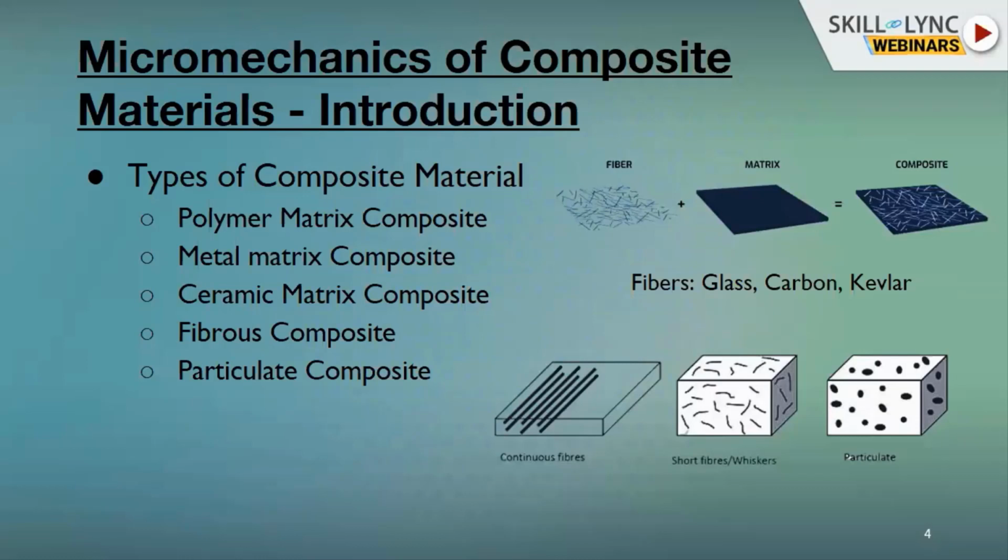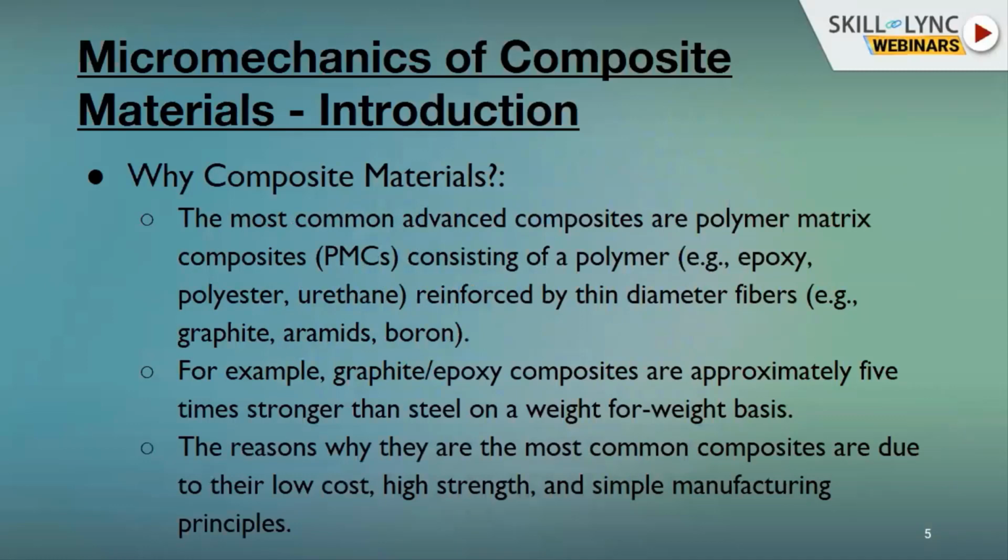So that's the basics of composite material, how composite materials get strength based on the design requirements. These are tailored to form in the direction of requirement. Now, why we need composite materials: as I was saying, most of the advanced composites are made up of polymer matrix composites such as epoxy, polyester, and urethane.